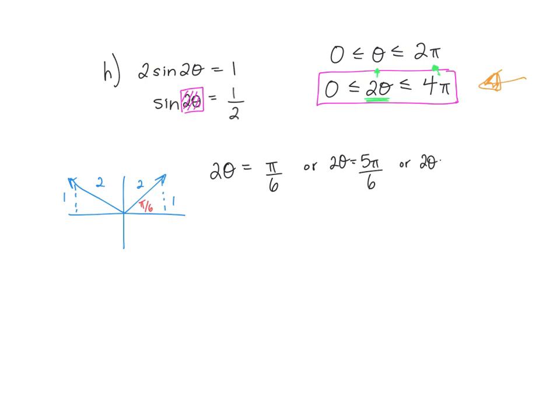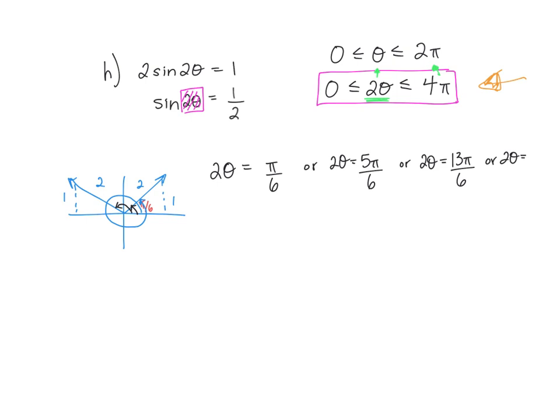Or 2 theta, so you'll notice that's my first 5 pi by 6, but I know I'm going to be able to go through a second rotation. So I'm going to come all the way around here. So I've hit 12 pi by 6, and I'm going to go up one more. So I have 13 pi by 6.